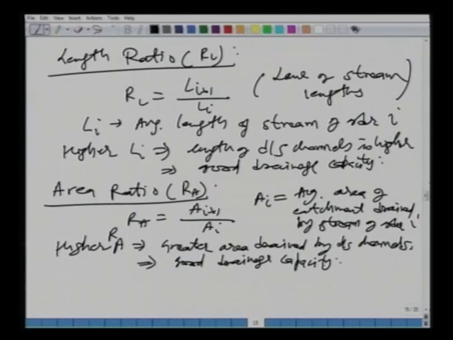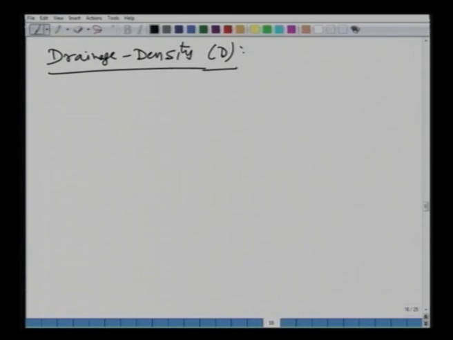All right. Moving on, the next thing we are going to look at is what is called the drainage density. As you can see, we can estimate or calculate all of these geomorphological parameters using the topographic map. This D is defined as the summation of L_ij, and I need two summations.